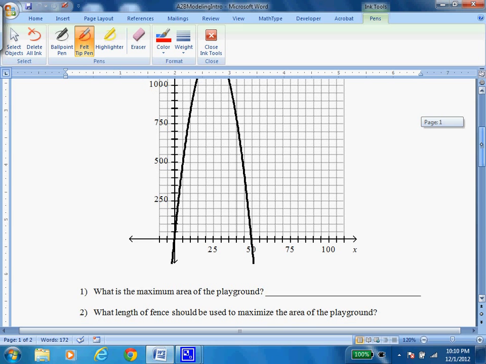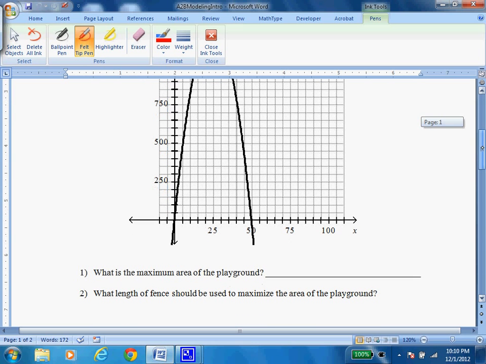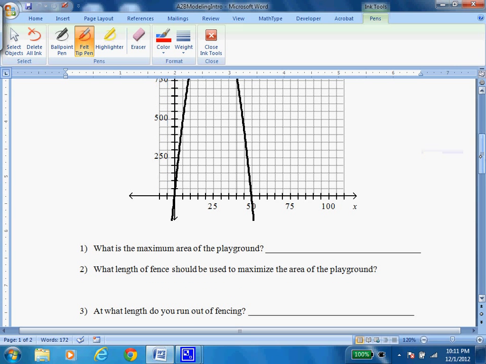And so the first question says, what is the maximum area of the playground? The second question goes along with this, and it asks what length of fence should be used to maximize the area of the playground. As you'll remember from when we were talking about the graphs, the point on a quadratic function that gives the maximum or minimum value is the vertex.